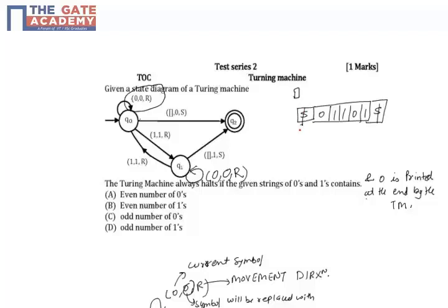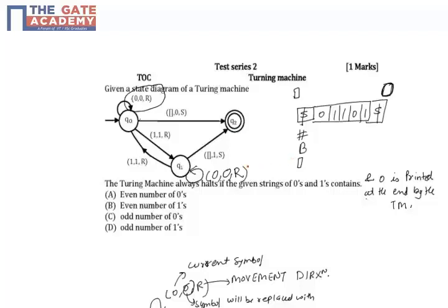This end marker could be anything like $, hash, B, or here they have given this symbol. If you have reached this end symbol, replace it with 0 and go to the state Q0. From Q1, if you get the end symbol, then you replace it with 1 and go to the final state, that is Q2.